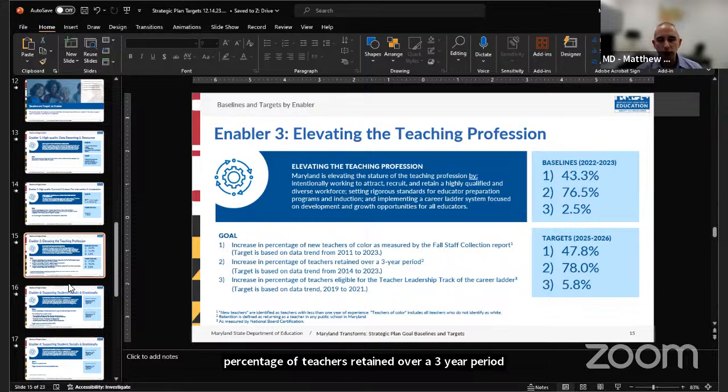And again, using data trend going back to 2014, because we need those first 3 years of data to establish the baseline. We projected the baseline of 76.5, increasing to 78%. The third goal is to increase the percentage of teachers eligible for the teacher leadership track. The baseline last year was 2.5%, and our target based on trend data of just a few years is 5.8%.